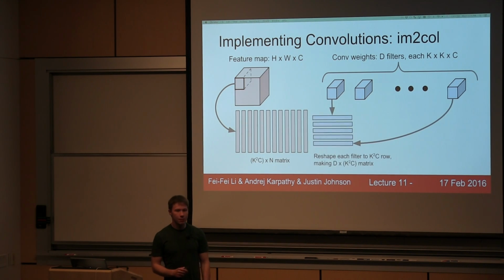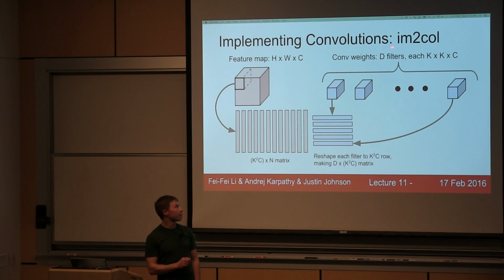So then we're going to run a similar trick on these convolutional filters. If you remember what a convolution is doing, we want to take inner products of each of these convolutional weights against each receptive field location in the image. So each of these convolutional weights is this k by k by c tensor. So we're going to reshape each of those to be a k squared by c row.